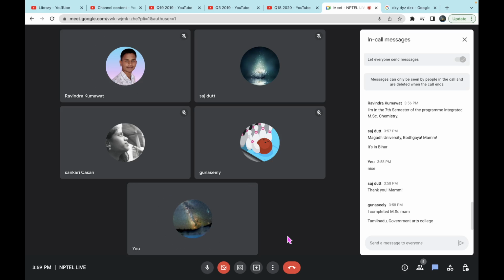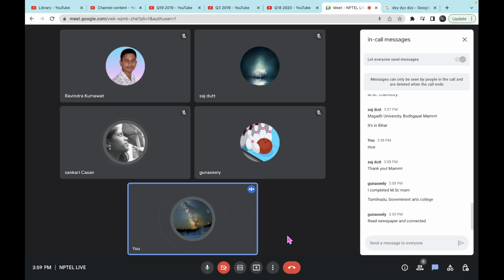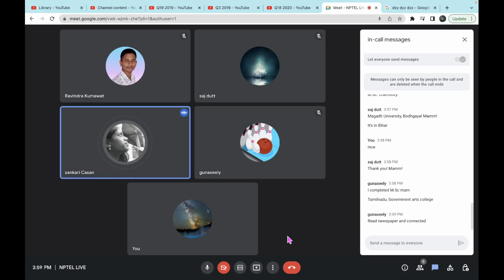Nice. Because still, I think there should be some promotion for this GATE portal, not only GATE but NPTEL itself. Ma'am, I normally search Google for CSIR NET and GATE exams, so automatically this notification came to me. Oh, very nice.